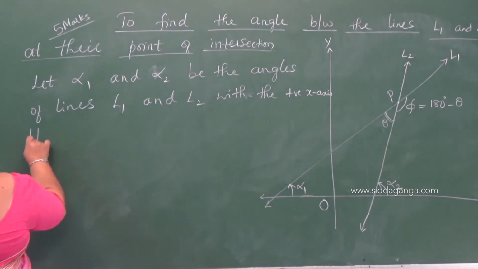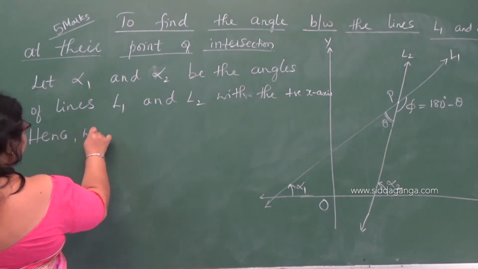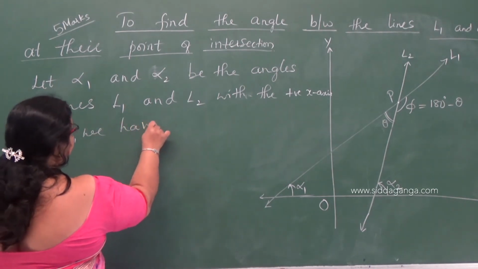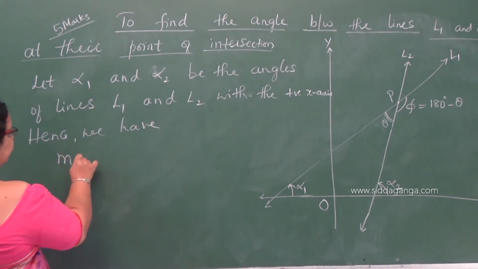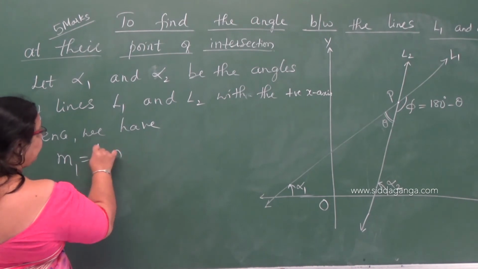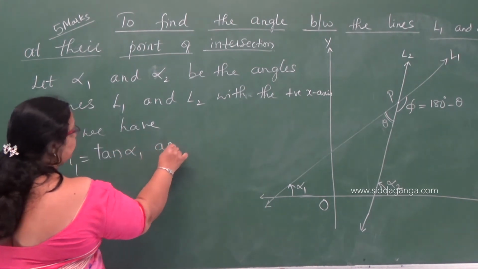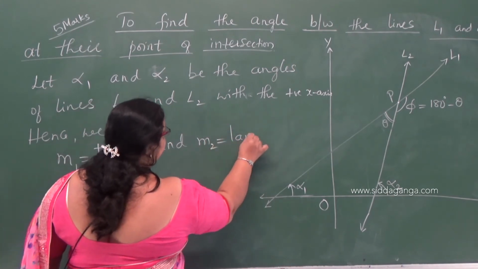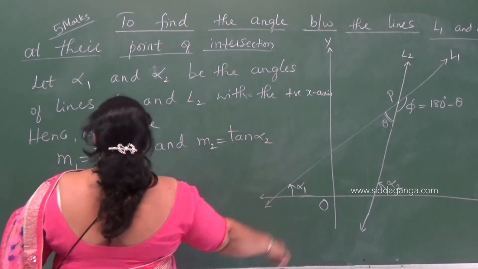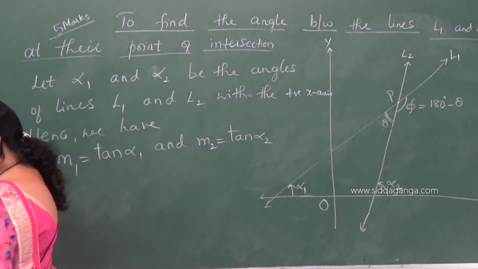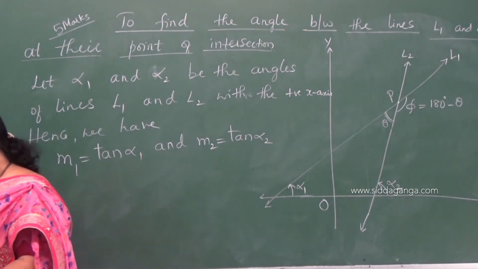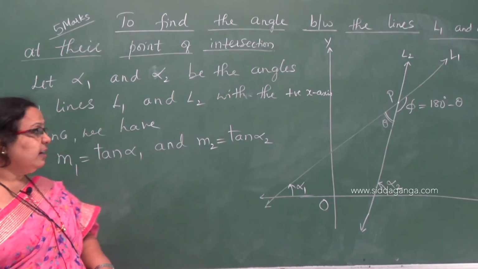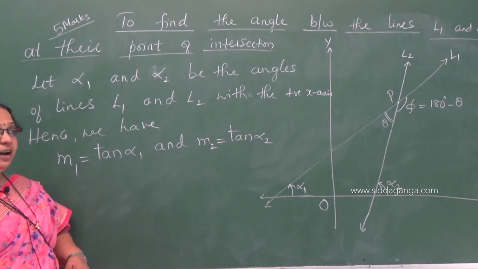So hence we have m1 equal to tan alpha 1 and m2 equal to tan alpha 2. Therefore, the slopes of the two lines are nothing but tan alpha 1 and tan alpha 2.